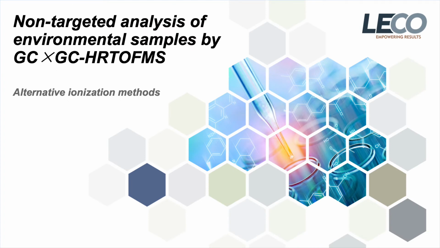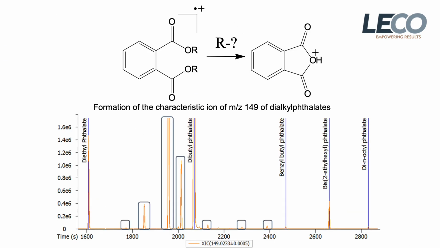Now to alternative ionization tools. Let's start with positive chemical ionization. And phthalates represent very nice example what can be done using positive chemical ionization. Phthalates are very well known environmental pollutants and they're present all over the world.